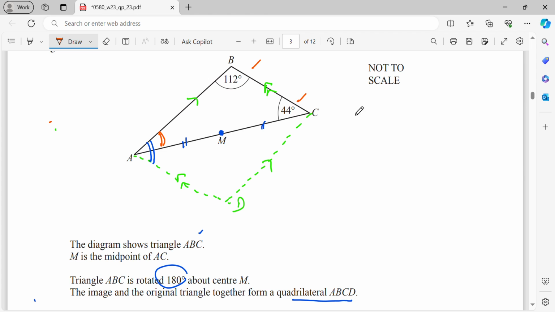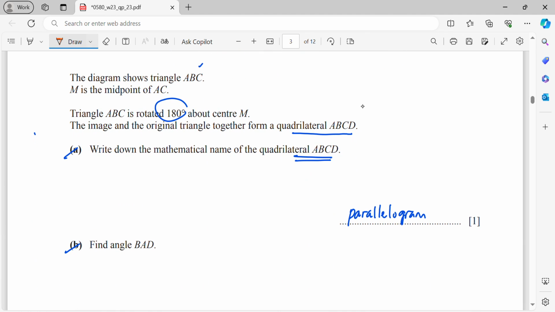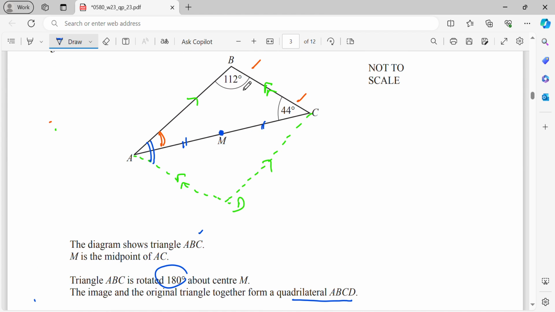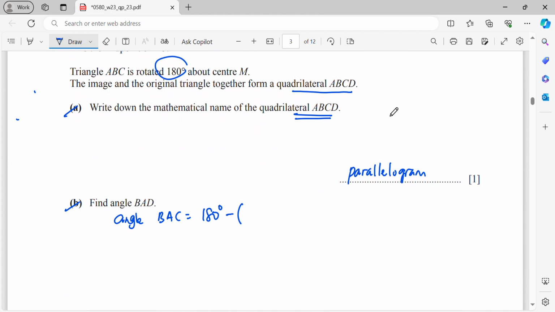So angle BAC equals 180 degrees minus the total of the other two angles, 112 and 44. So when you minus, this is going to be 180 degrees minus 156 degrees. So you end up with 24 degrees.